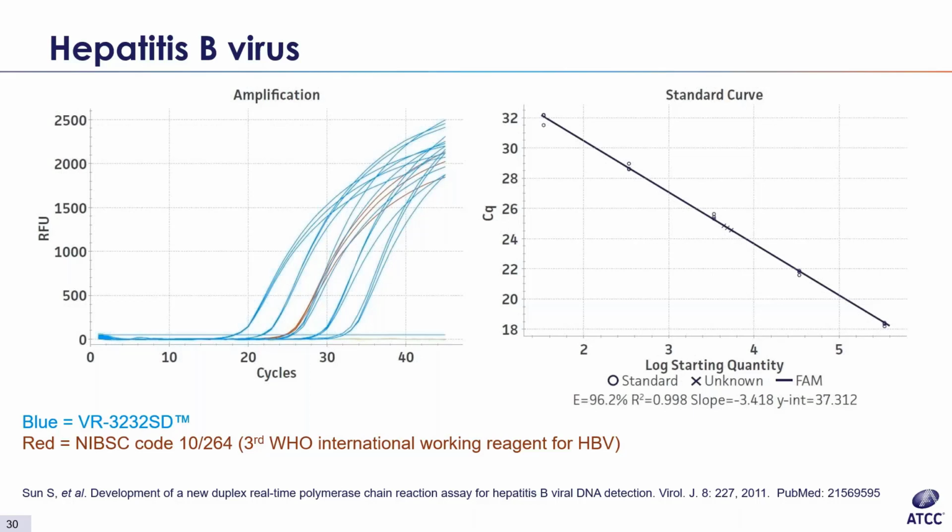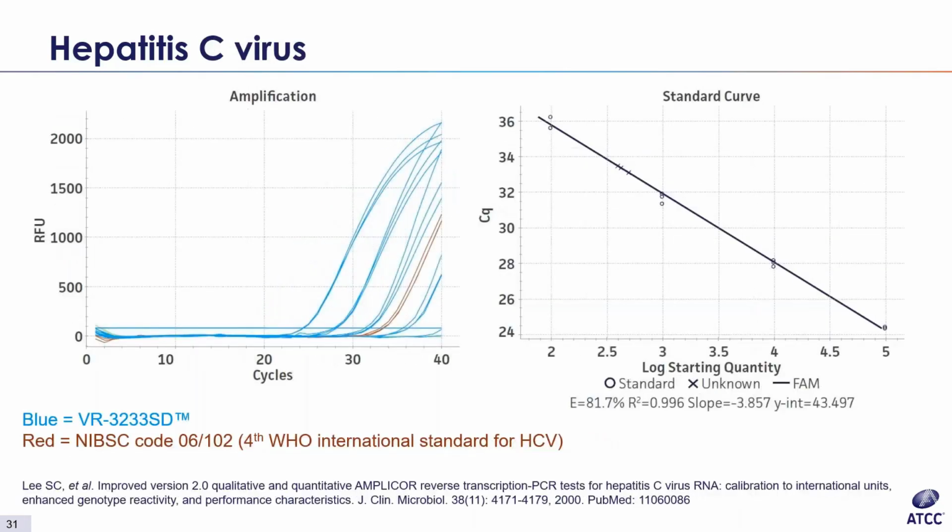Only one curve is shown, but this assay was performed 3 times with each sample run in triplicate, with excellent linearity by R-squared, slope, and CT spacing. We did the same for the hepatitis C standard.